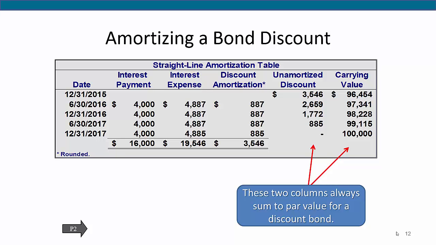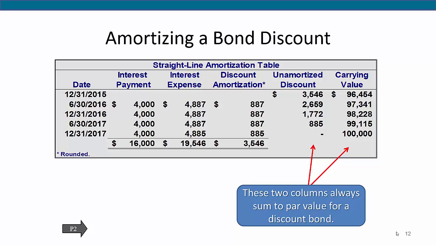The following points summarize the discount bond straight-line amortization. First, at issuance, the $100,000 par value consists of the $96,454 cash received by the issuer plus the $3,546 discount.